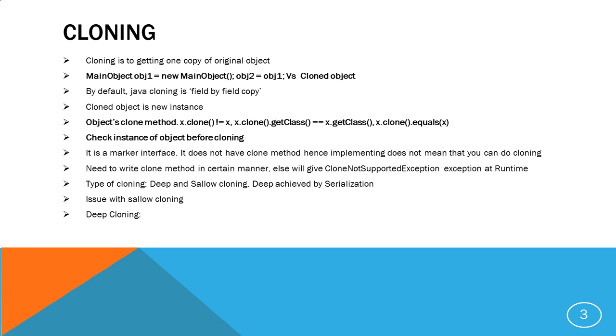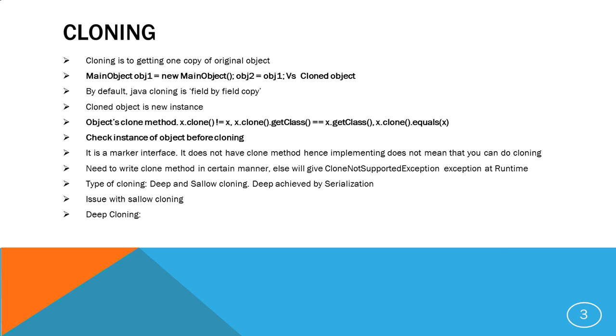So by default when we do the cloning, that is field by field. So we are doing cloning of, suppose, a class, and the class has attributes, some fields. Suppose it has 10 fields, so it will do the field by field copy. Suppose I have one employee which has salary, id, and name.